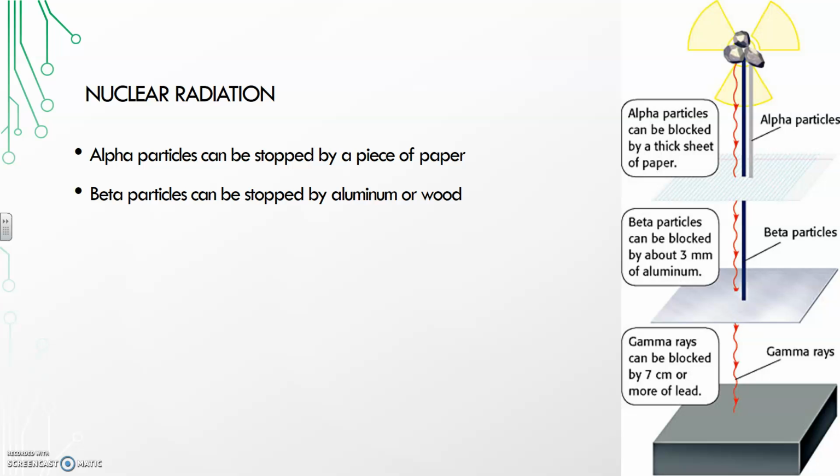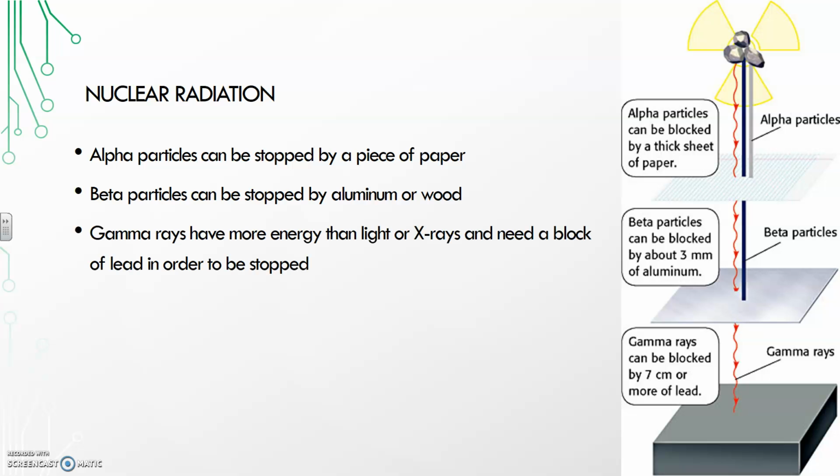Okay? Gamma rays are a little bit trickier. You actually have to have a relatively thick block of lead in order to stop them. Okay? They have more energy than light or X-rays. Right? And you know, if you go to, say, the dentist, or if you go to get an X-ray done, they generally will give you that apron thing to put on.